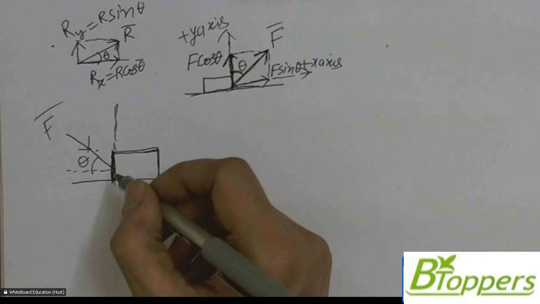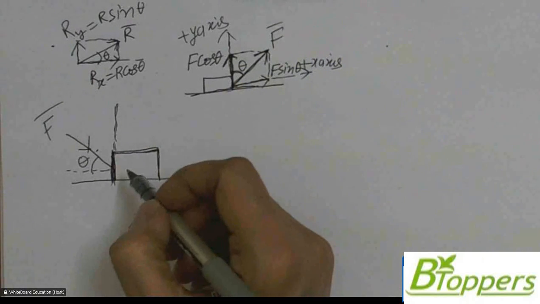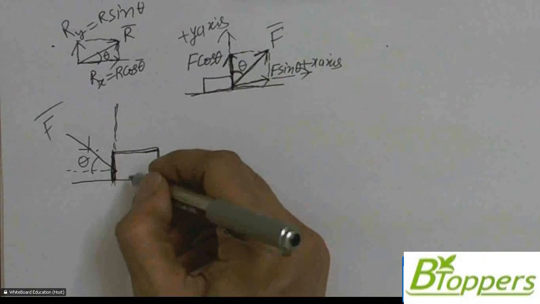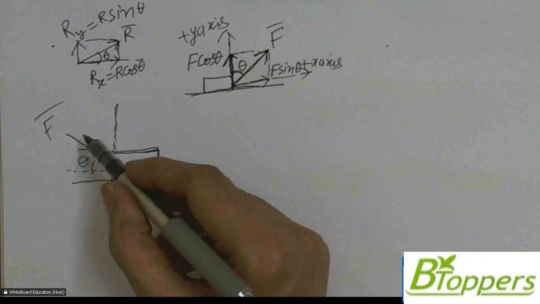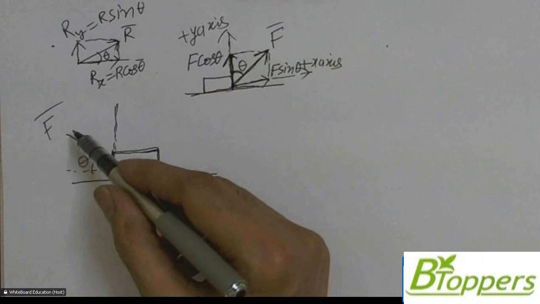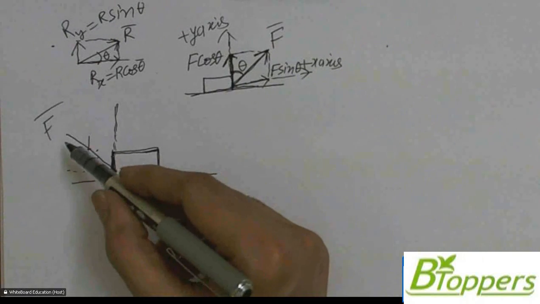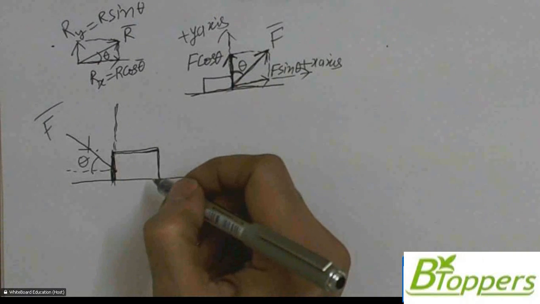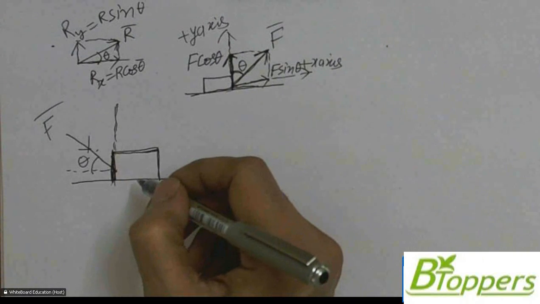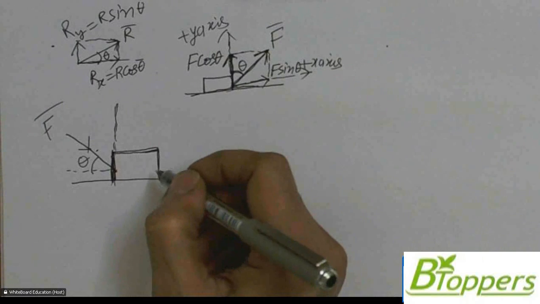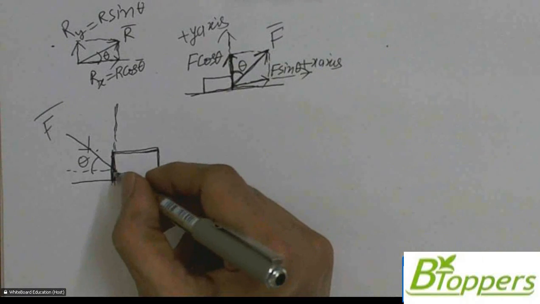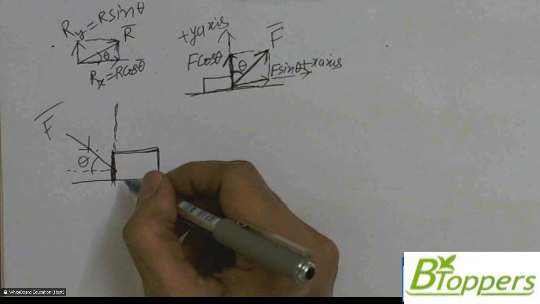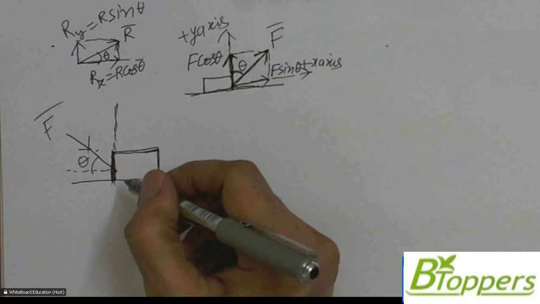So to resolve this force into two rectangular components in the solution of the problem, we can draw a given vector at a different place in the figure without changing its magnitude and direction. Two vectors are said to be equal if they have same magnitude and same direction.